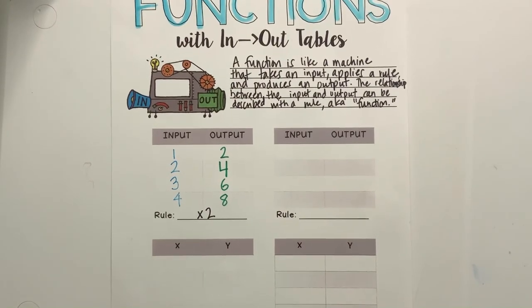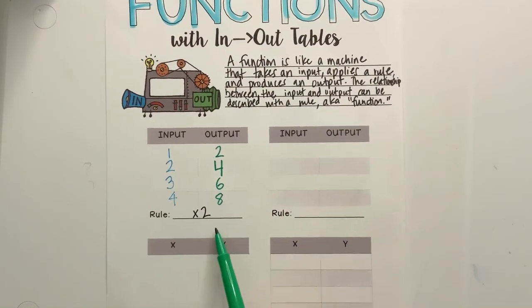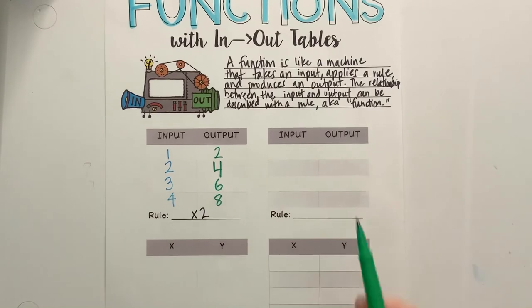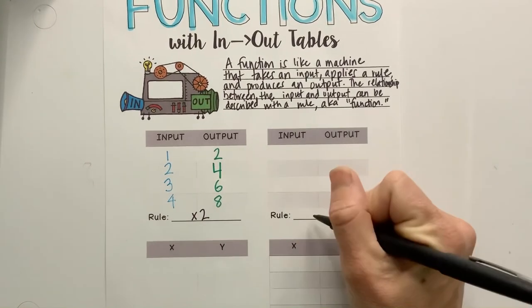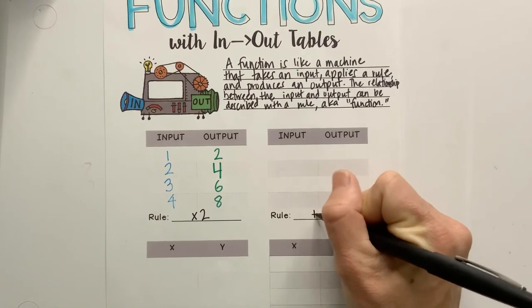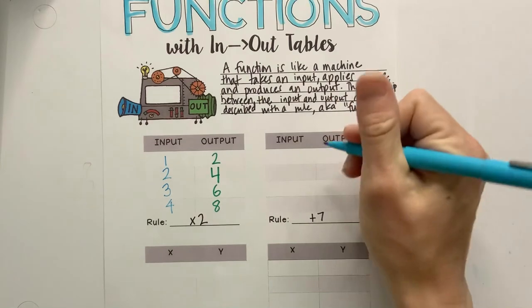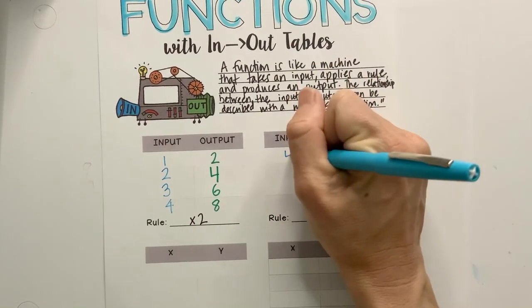Now, sometimes the rules are multiplicative, sometimes they're division, sometimes they're addition, sometimes they're subtraction, or sometimes they're a combination. So let's just do another one. What if the rule for our function machine were to be plus 7? If we had the following inputs, what would the outputs be?